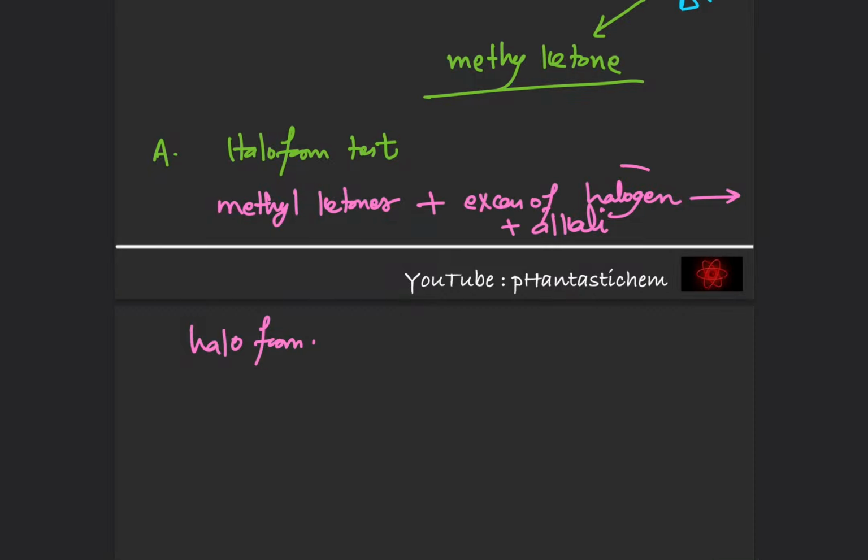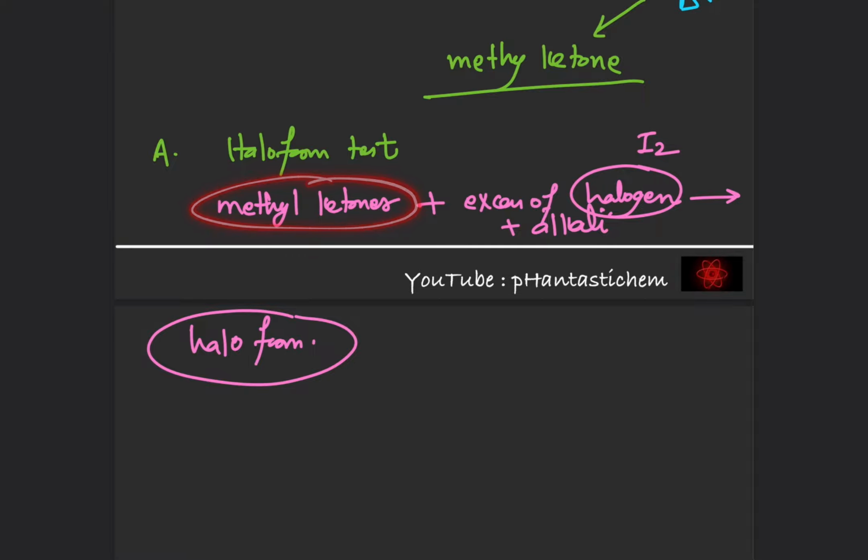Now, if the halogen used is I2, then we get yellow precipitate of iodoform. Okay. And that is used as a way to identify methyl ketones. Okay. So therefore, option A is the correct answer.